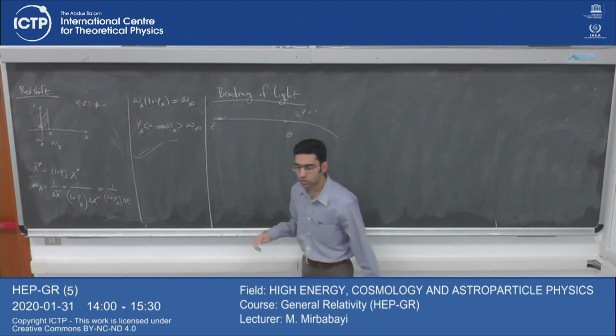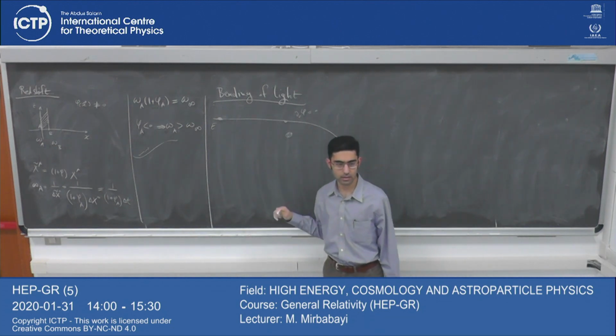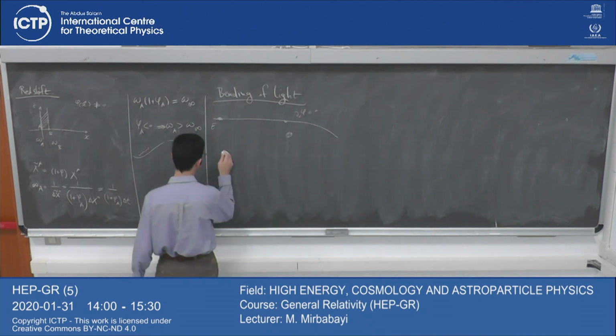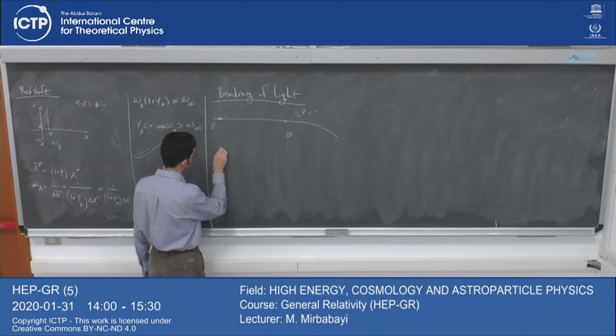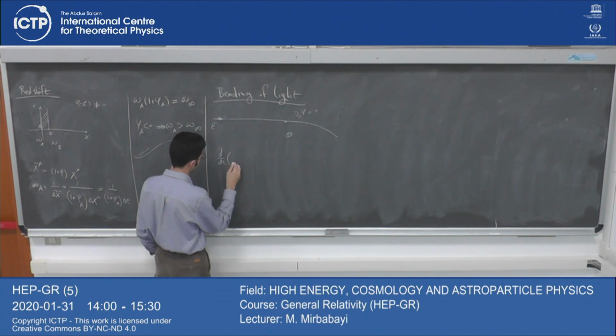Okay, so let's go to the equation of motion for the particle that we derived before. So how did it look like? There was d by d tau of 1 plus phi times dx mu by d tau.